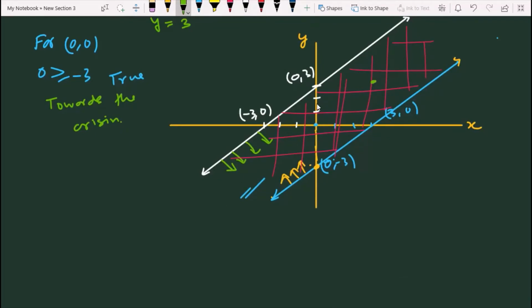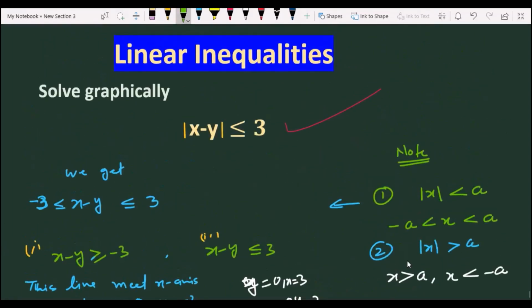Take any point inside this region, say 1, 0, and put it in the equation: 1 less than 3, it is true. Hence, it is the solution of the given inequality.